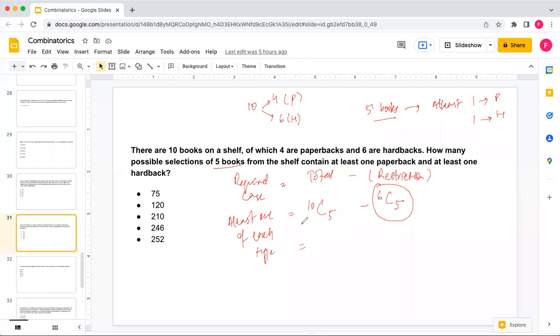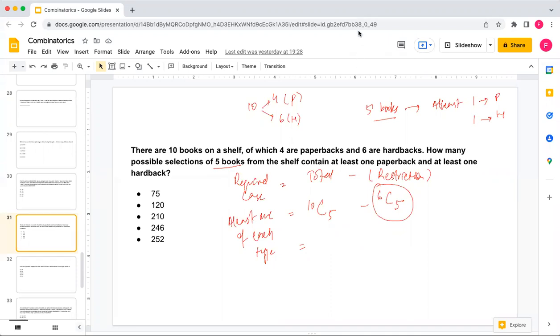Anyone can solve this. What is 10C5? Anyone? What is the answer to 10C5? 252. 252, yeah.